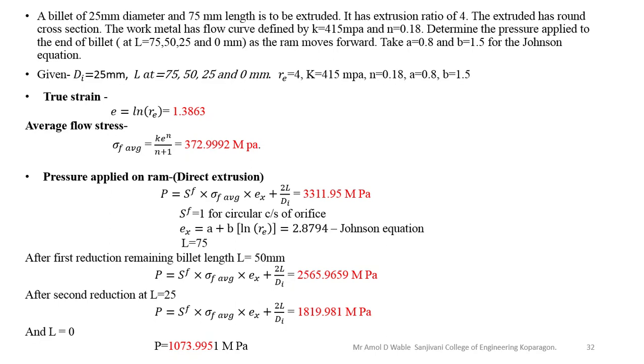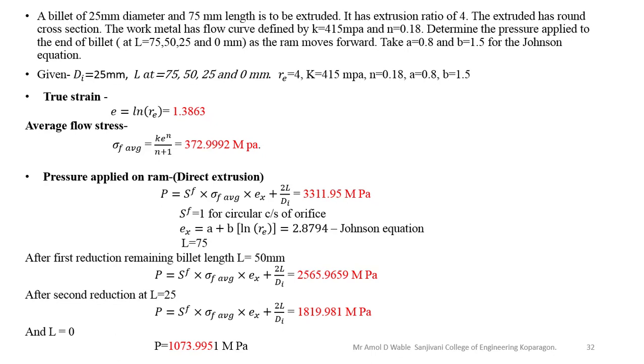Determine the pressure applied to the end of the billet at L equal to 75, then 50, 25 and 0 mm as the ram moves forward. Take a equal to 0.8 and b equal to 1.5 for Johnson's equation. So εx is also called the extrusion strain, and it is given by the Johnson equation.